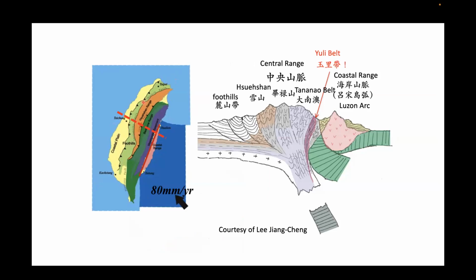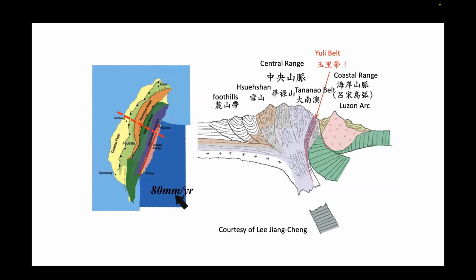This is the older, lightly metamorphic sediment. And then in the center is a highly metamorphic slate belt. And we think this is generated by exhuming the Eurasian continental crust to the surface.